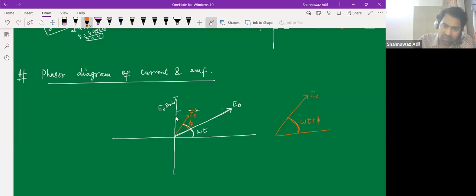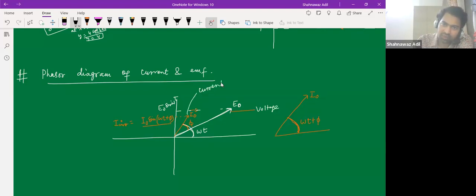So what would be this instantaneous current? That would be I naught sine of whatever the angle is: omega t plus phi. So this is the instantaneous current, right? And you can clearly see that there is a phase difference. There is a difference of phase between E naught and this I naught current. So this is your voltage, and this is the current.